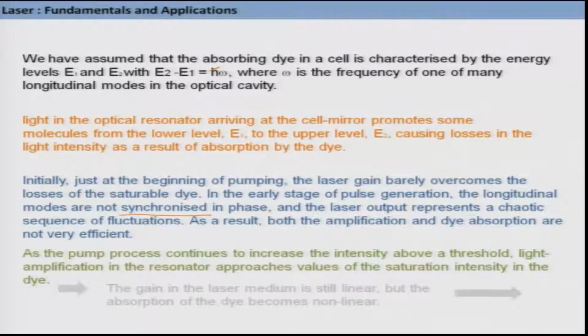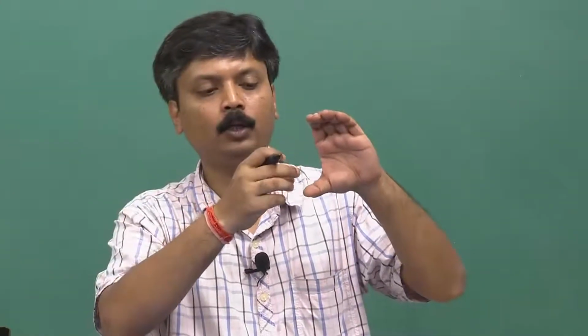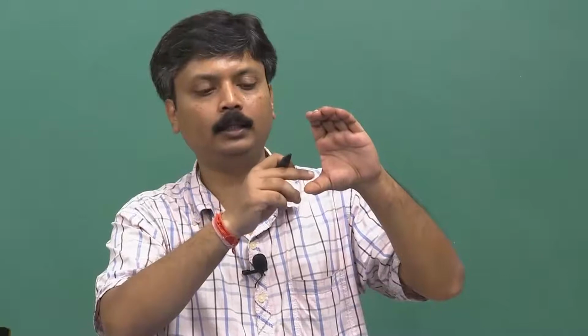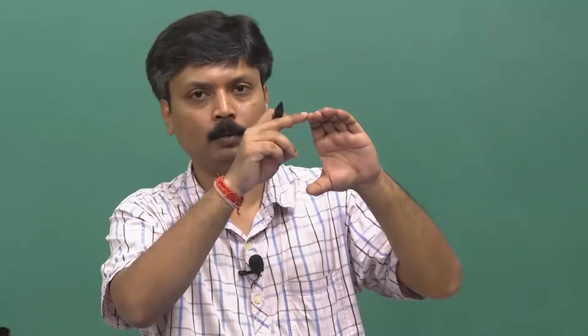These two states 1 and 2 in the dye, from E1 to E2, it is continuously going, more and more light is coming from the active medium. So there will be a condition when the population N1 will be equal to the population N2. So N1 equals N2, and this is saturation, we have just mentioned it.